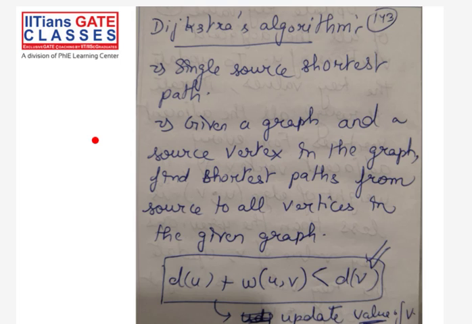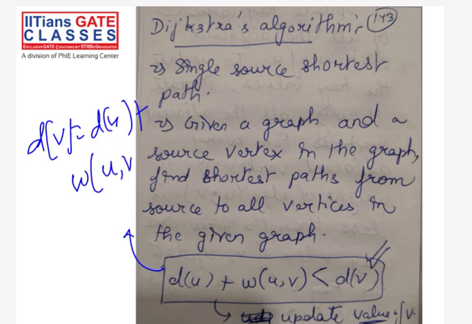So you update the value: d(v) equals d(u) plus weight of (u, v), where (u, v) is the edge which attaches u and v.